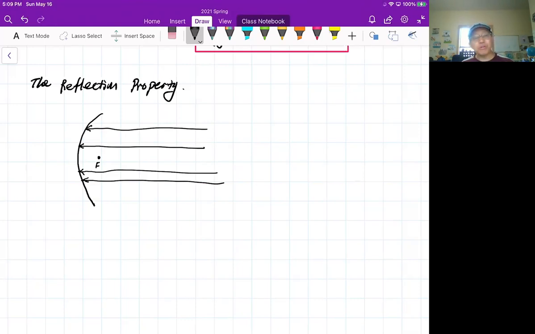And where do they reflect? Magically, they all reflect to the focus. So that's why the point is called the focus. This line goes here, that one goes here, and so on. So that's a very nice property.